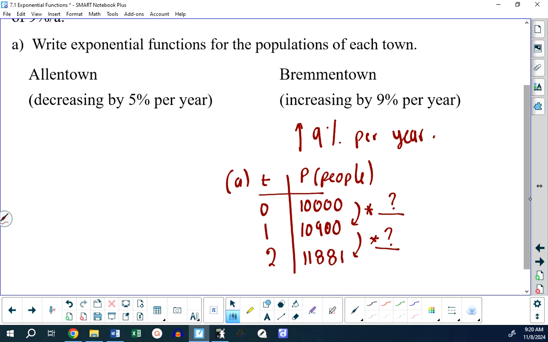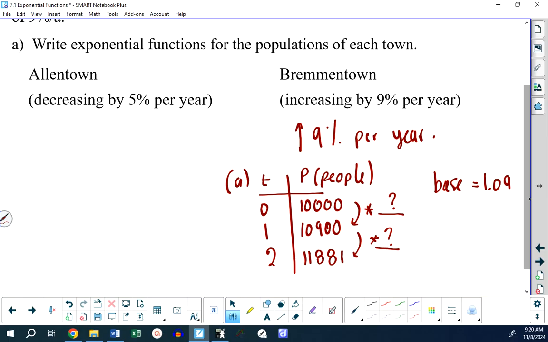So the base is 1.09. Why is it 1.09? This is something you would be expected to explain on a written response. It's 1.09 because you start off with 100% of the population and you're adding 9% to it. If I add 9% to the price of an item, you're going to pay the original 100% plus the 9%.